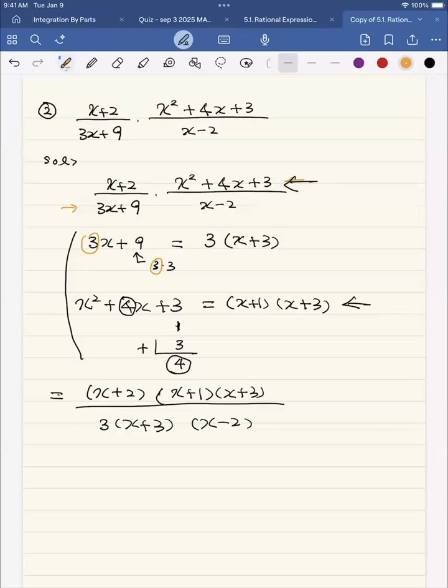Now we have to cancel out the same factor. We can remove x plus 3 in the numerator and denominator, and we finally obtained x plus 2 times x plus 1 over 3 times x minus 2.